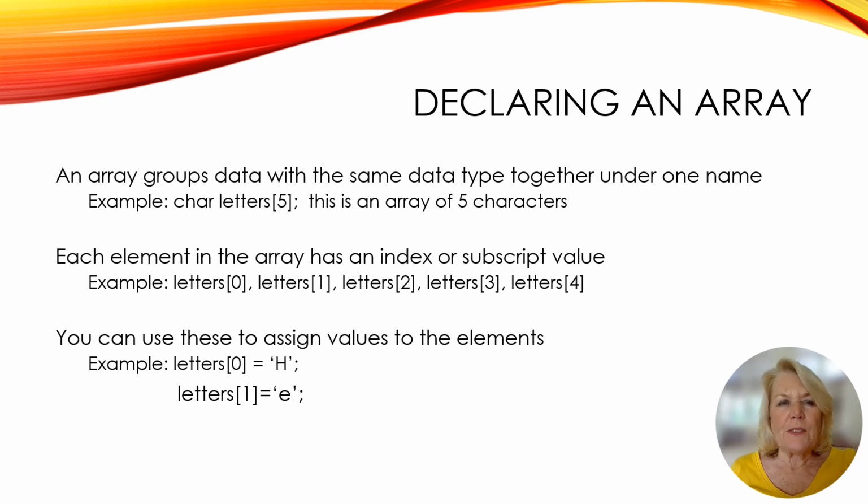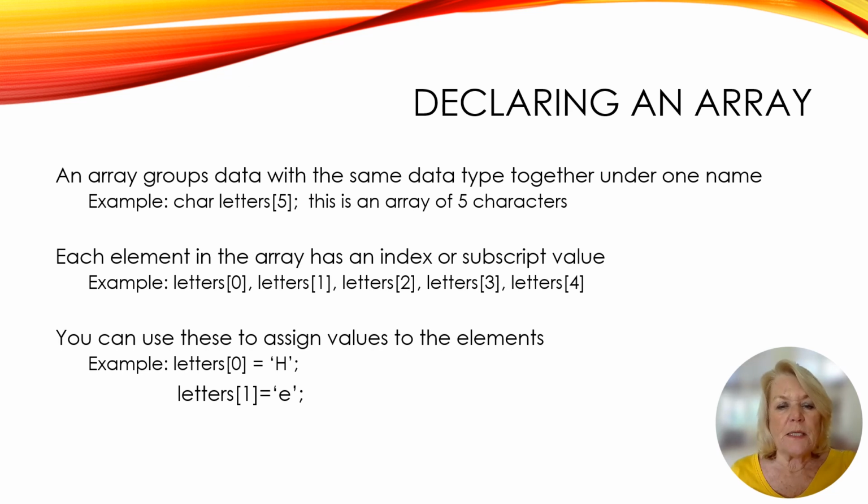All of the elements in an array must have the same data type. When you declare an array, you also need to list the number of elements in the array. Each element can be accessed using its subscript or index value. It is important to remember that the first element in the array has a subscript value of 0, and the last element in the array has a subscript value of the total number of elements in the array minus 1.